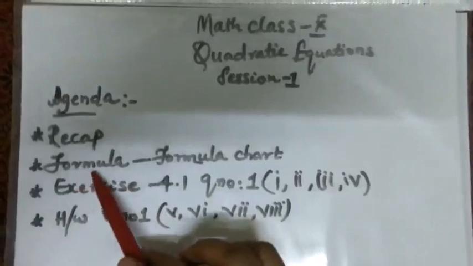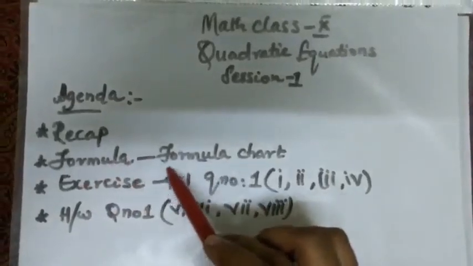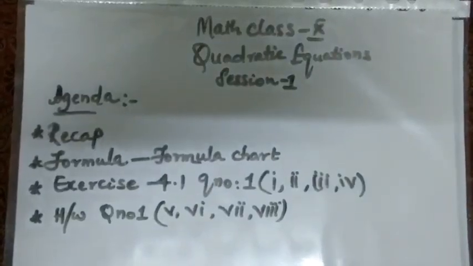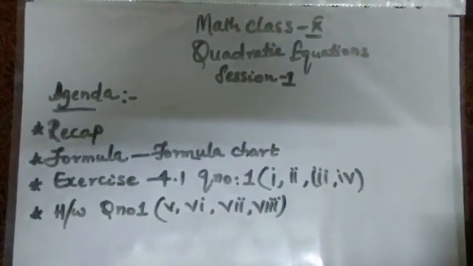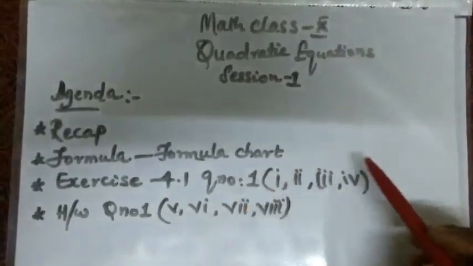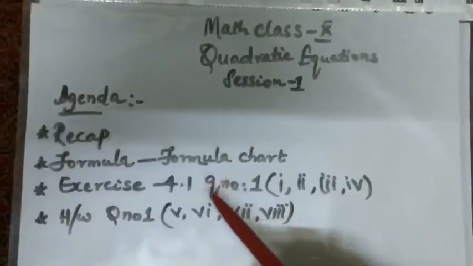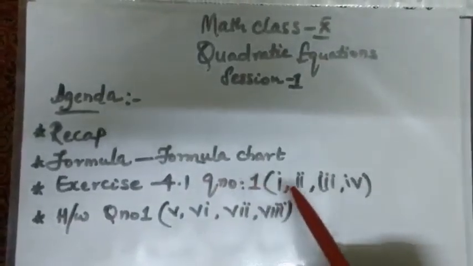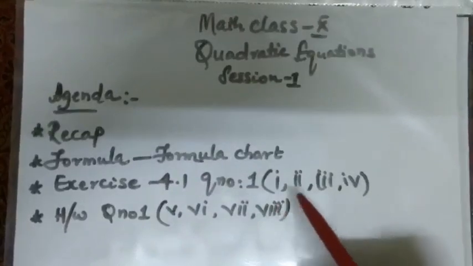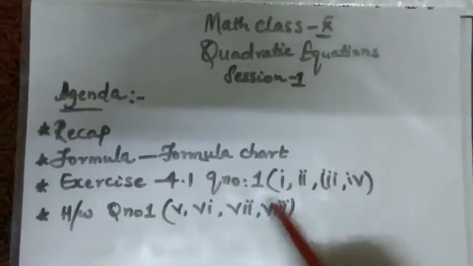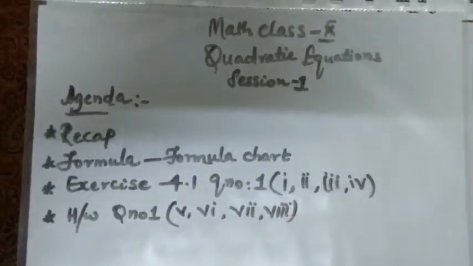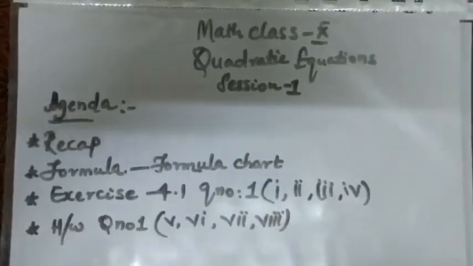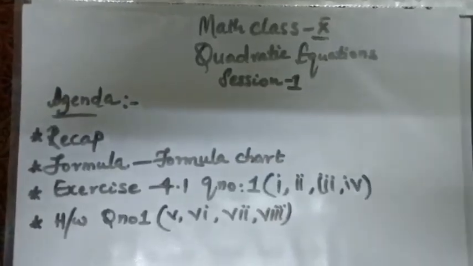After that we will be discussing what to put in the formula chart, and I have included many formulae which you already know from algebra which you learnt in 9th, but still we all will write this in the formula chart so that you can solve exercise 4.1 questions very easily. I'll be showing in this video question number 1, first, second, third and fourth bits. Based on this you will be doing your homework. On the next day I'll be posting answers so that you can do cross checking and self correction. So let's start the class.